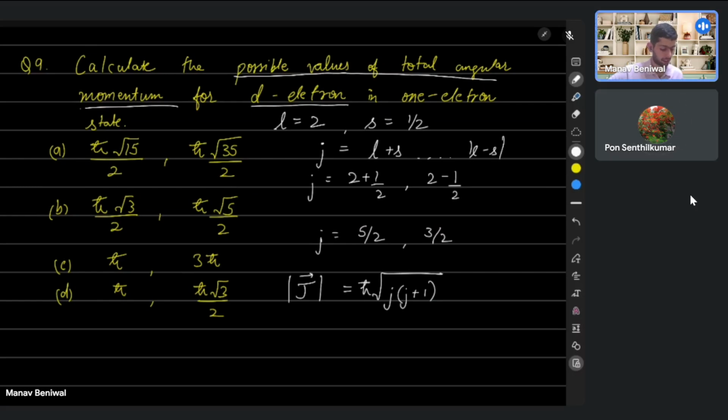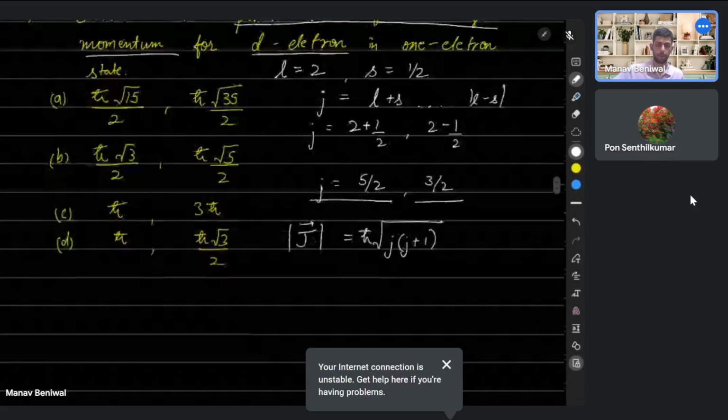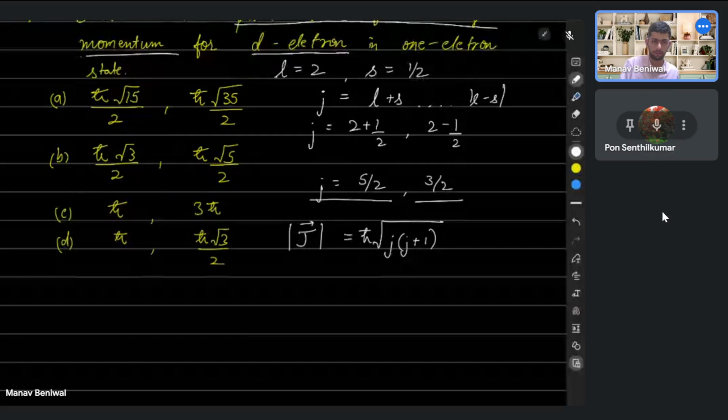So this will have two values, right? One corresponding to J as 5 by 2 and one corresponding to J as 3 by 2. So we have to solve for both. Okay, so let's write J1.